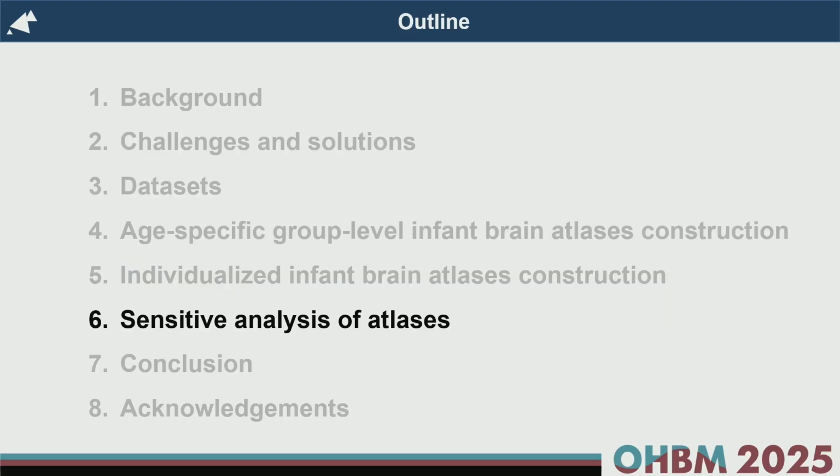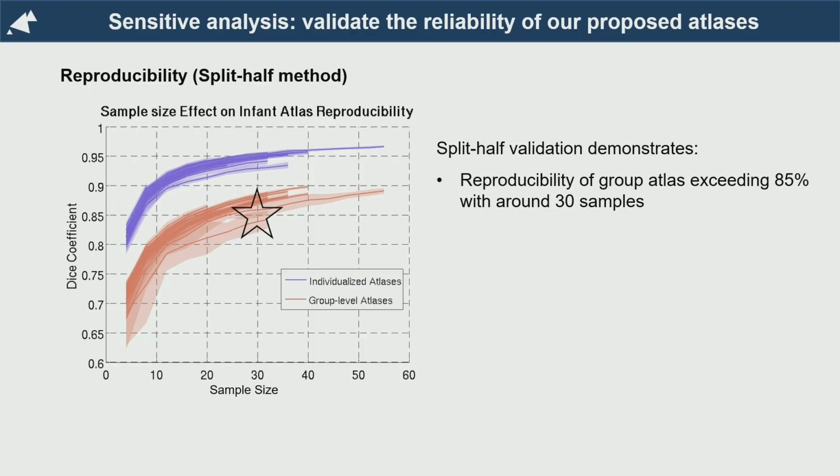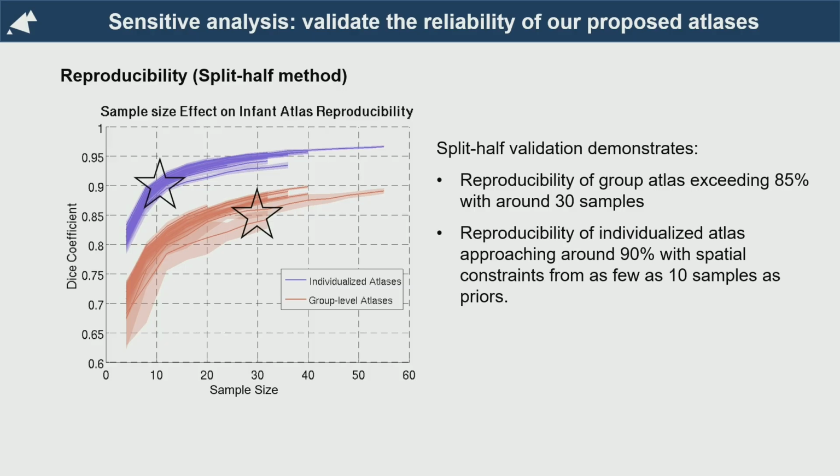Last but not least, we also perform sensitivity analysis. The split-half validation demonstrates the reproducibility of group atlases can reach 95% with only around 30 samples. And individual atlases have good reproducibility, around 90%, with spatial constraints from as few as 10 samples.